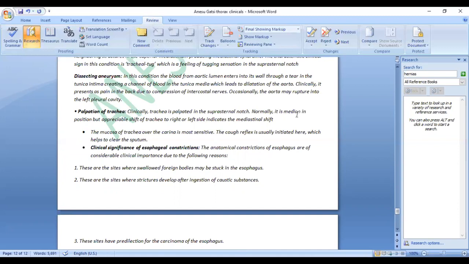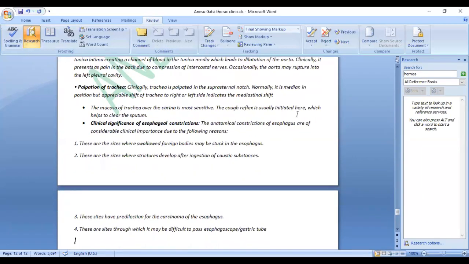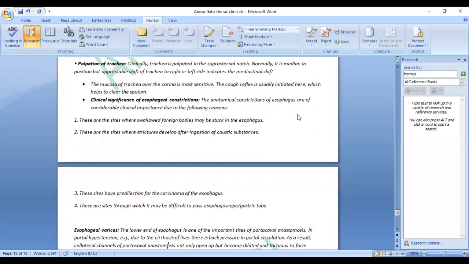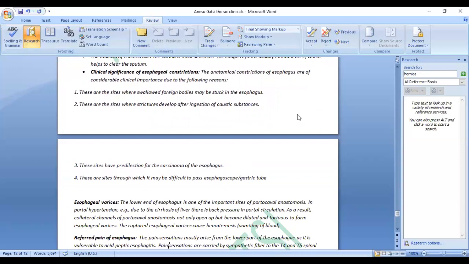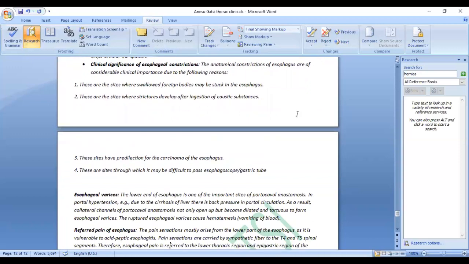These constrictions are important because they are sites where swallowed foreign bodies may get stuck, sites where strictures develop after ingestion of caustic substances, sites with a predilection for carcinoma of the esophagus, or sites where it may be difficult to pass an esophagoscope to assess the esophagus, or a gastric tube to assess the stomach.